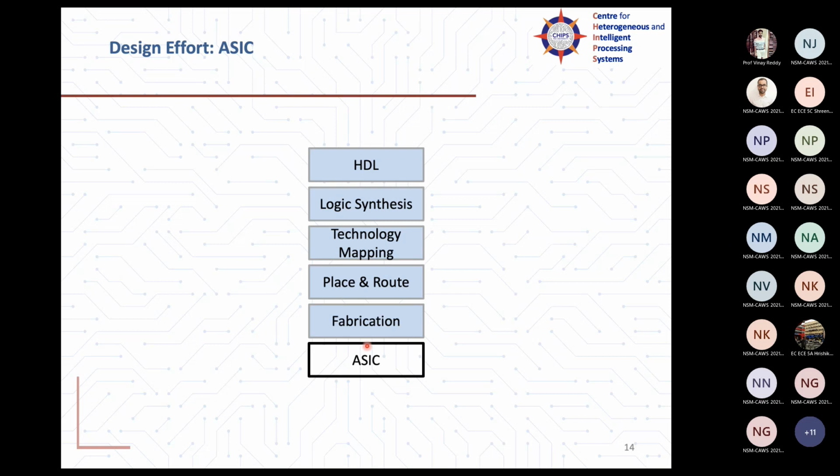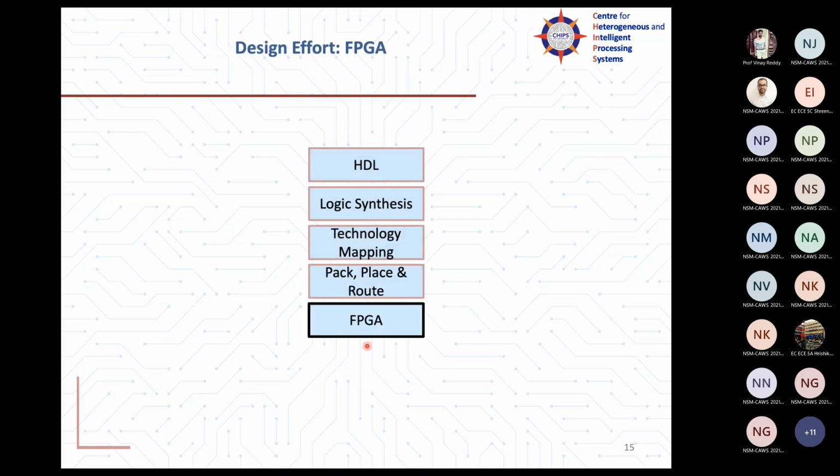As you can see, this is not viable. We need something that can bypass this phase of fabrication, which is where FPGAs come into play. FPGAs are off-the-shelf devices that take your design and allow you to configure the device. As you can see, there is still design effort.